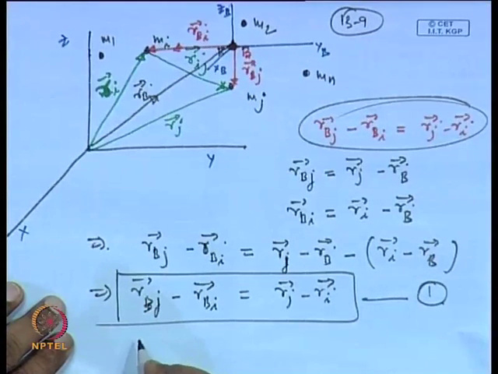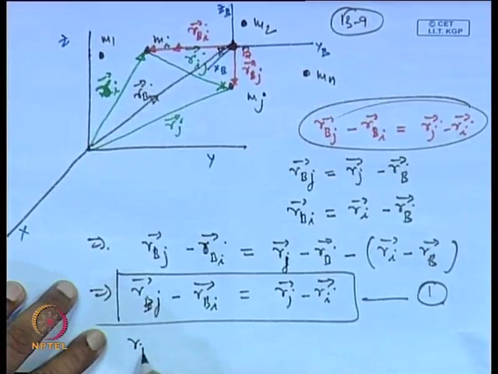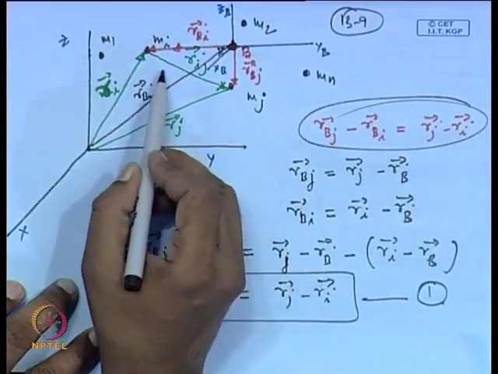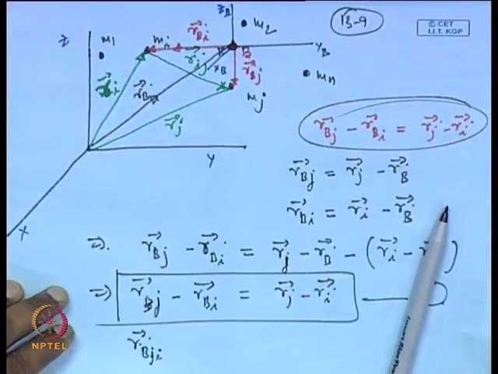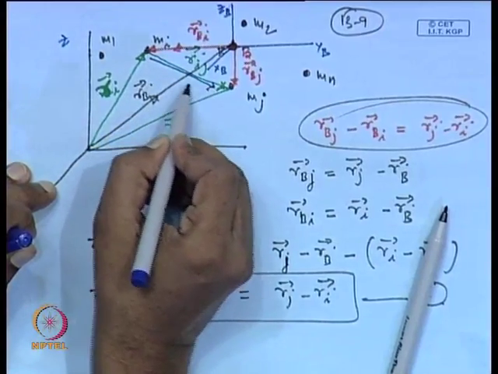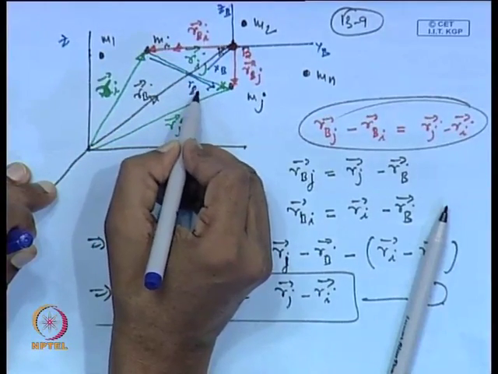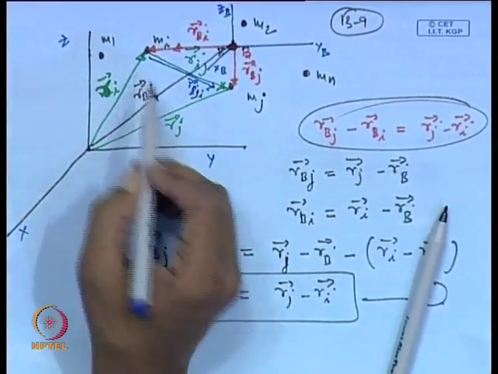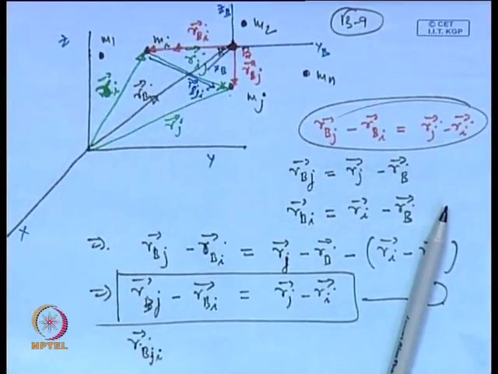So, we can write this as, let us say, r b j I. r b j I is a vector. So, the r b j I vector will be directed from here to here. So, this is also the vector r b j I, which is directed from the ith mass to the jth mass.